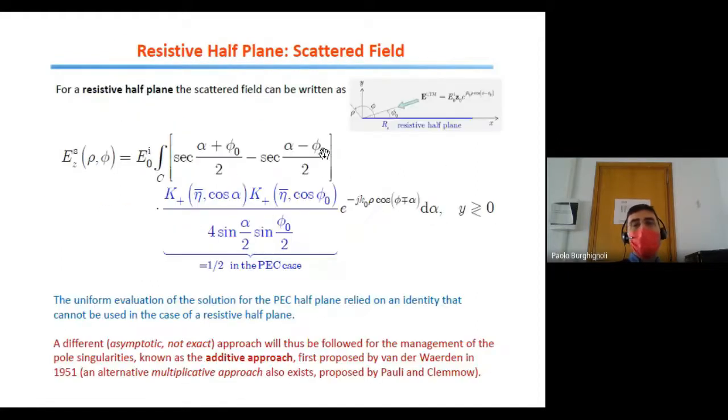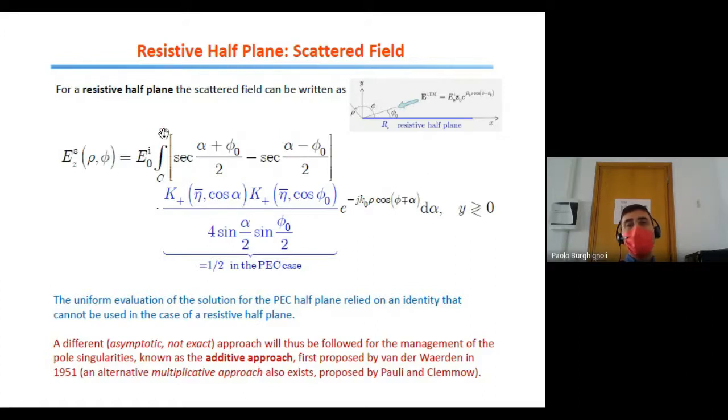Now, having said that, for the perfectly conducting case, we are able to treat the resistive half plane, where the procedure is in principle the same. However, the integrand is more complicated.